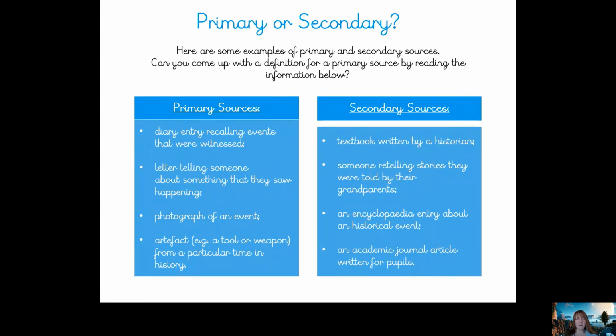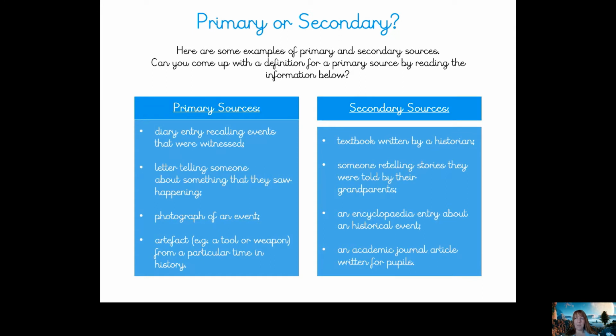So I've got some examples here of things that are primary sources and things that are secondary sources. So I want you to see if you can come up with a definition. If you think you can say what a primary source is and what a secondary source is by looking at the information below. So some examples of a primary source would be a diary entry recalling events that were witnessed.